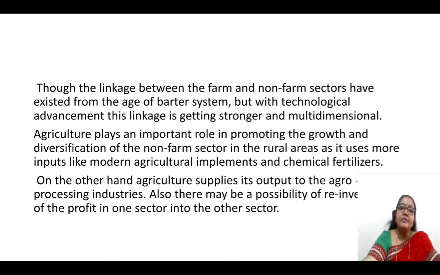So agriculture plays a very important role in promoting the growth and diversification of the non-farm sector in the rural areas, as it uses more inputs like modern agricultural implements and chemical fertilizers. On the other hand, agriculture supplies its output to the agro-processing industries. Also, there may be a possibility of reinvestment of the profit in one sector to another sector.